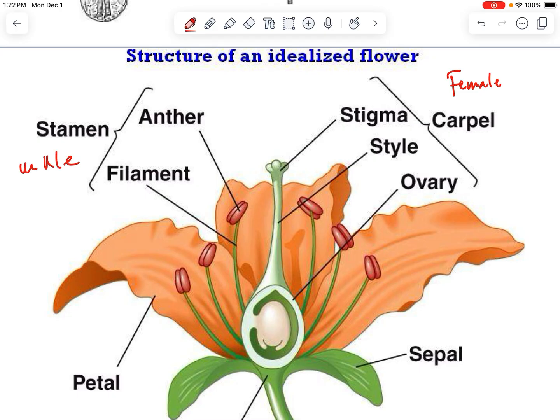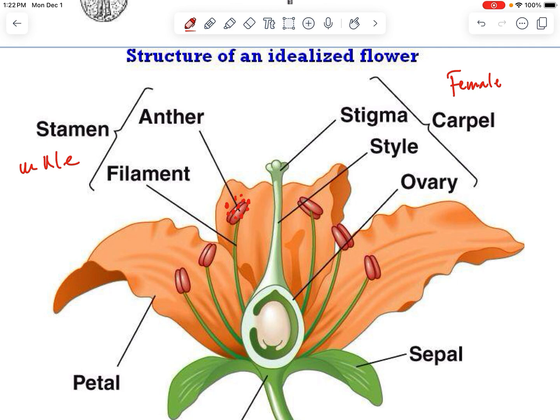So it's the anther and the filament. Now, the stigma is the opening to where the egg is actually going to be located inside of the ovary. The anther is the part that would have the pollen, which is going to be on top of it. So the pollen is really the sperm of the plant.